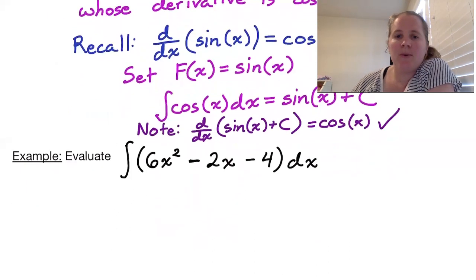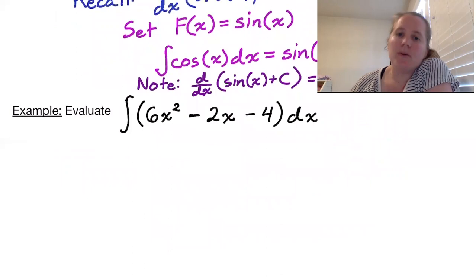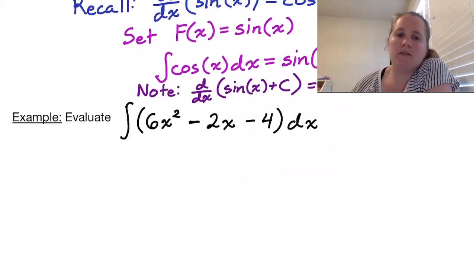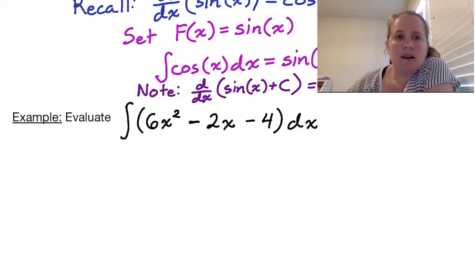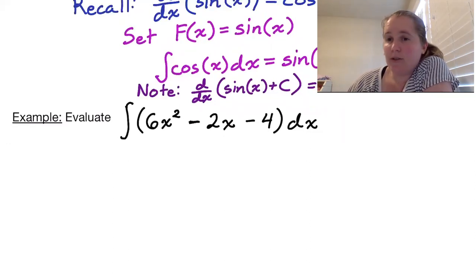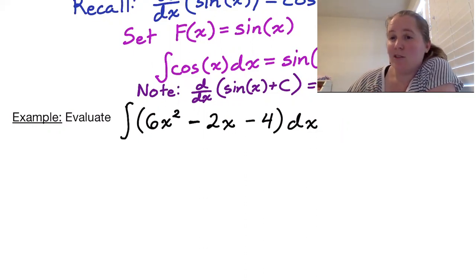Next up, we want to find the indefinite integral of 6x squared minus 2x minus 4 dx. I'm going to take this piece by piece. We need to find essentially an antiderivative for each of these little chunks. Remember that we can take the derivative term by term. We can do similarly for the antiderivative.